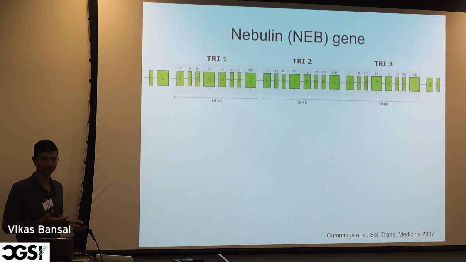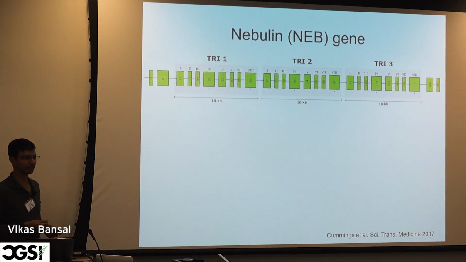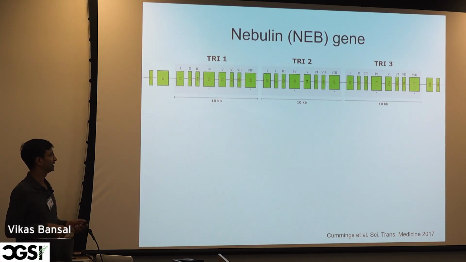To illustrate the computational problem that this poses, here's an example of a gene called nebulin. This is a large gene where mutations are known to cause a rare disease called nemaline myopathy. This gene has an interesting duplication where 8 exons in the middle of the gene are repeated 3 times.